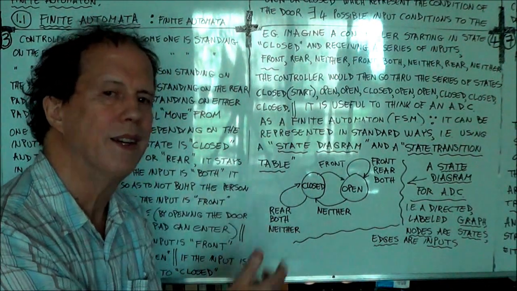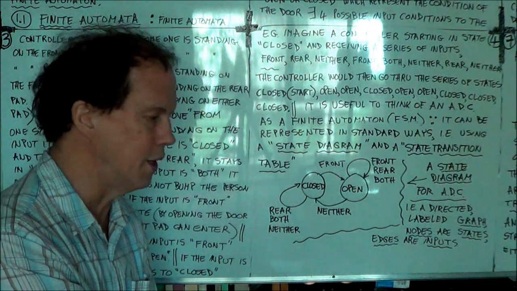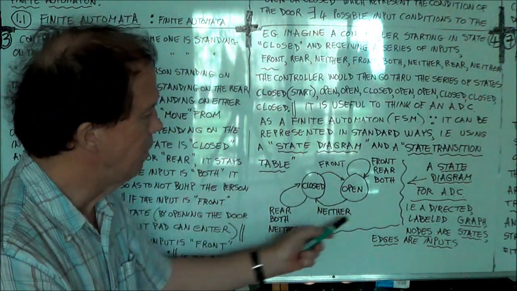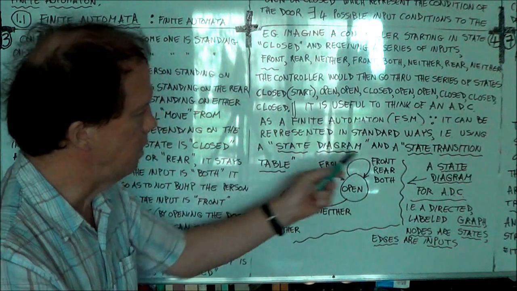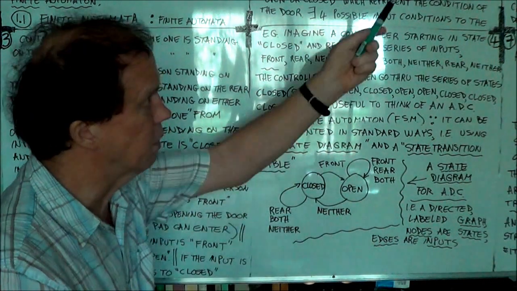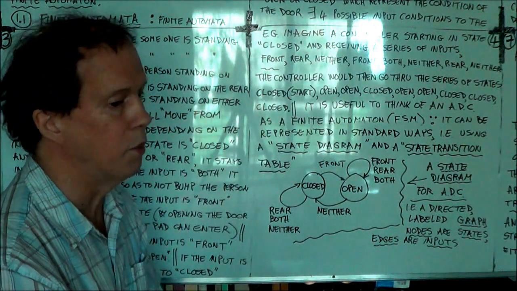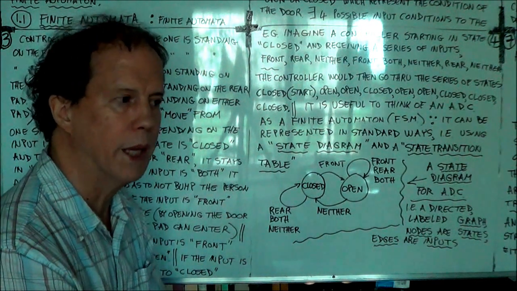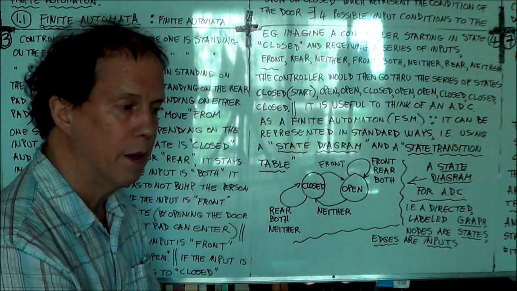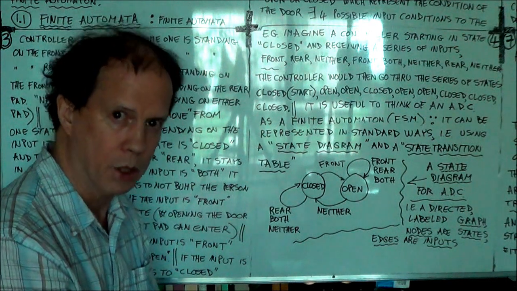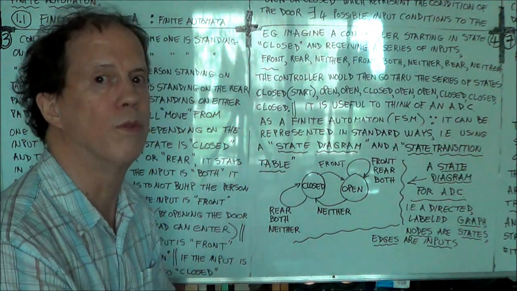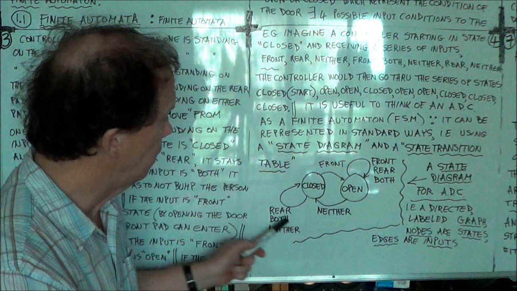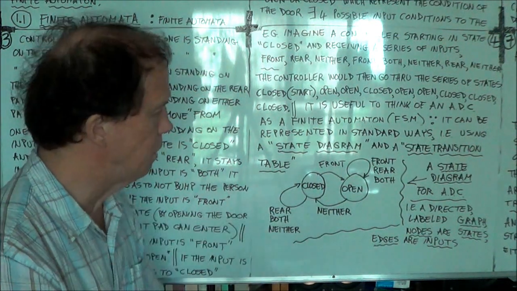It's basic to the theory of computation. To understand what a state diagram is in mathematical terms, and we'll come on to that increasingly when we get a formal mathematical definition of a finite automaton, or finite automata, the plural form, the state diagram is critical.